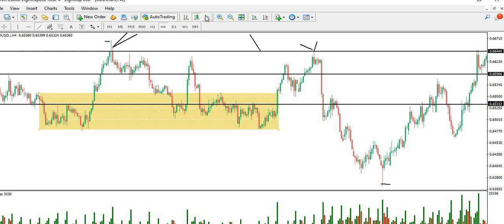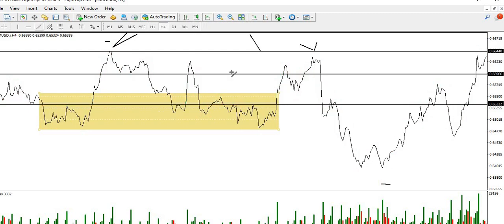So on the line chart, I will explain it. Again, we are having first, second, third, fourth.